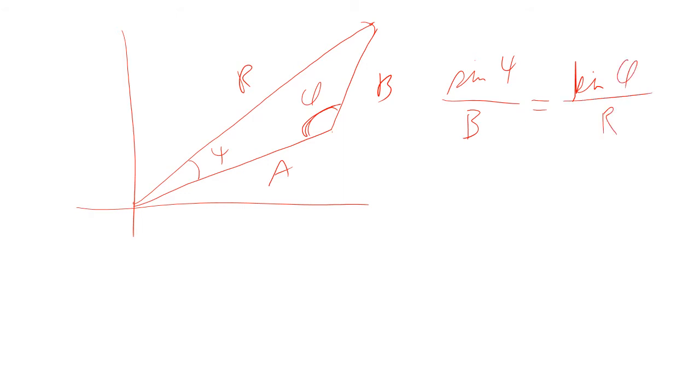So that means that we can say that psi is going to be the inverse sine of B sine phi over R.